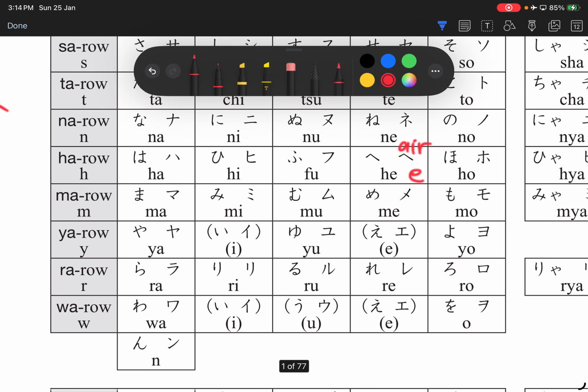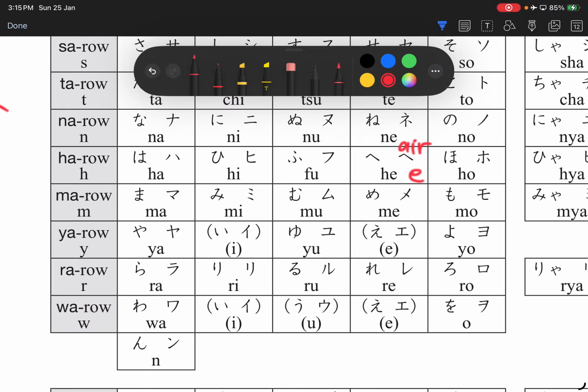Then next we have the M row, the ma row: ma, mi, mu, me, mo. Then next we have the Y row, ya. Then you see the next one, hey, where is yi? Sorry, there's no yi sound, because yi sounds very weird, it's like i. How do you pronounce yi and tell the difference from i?